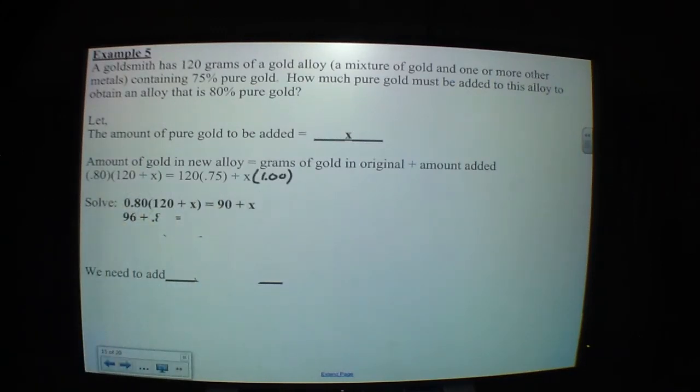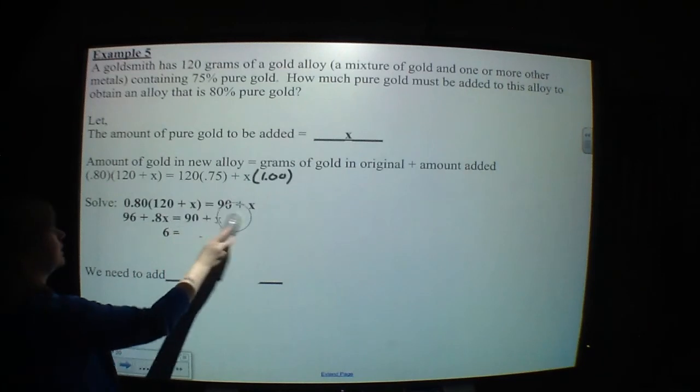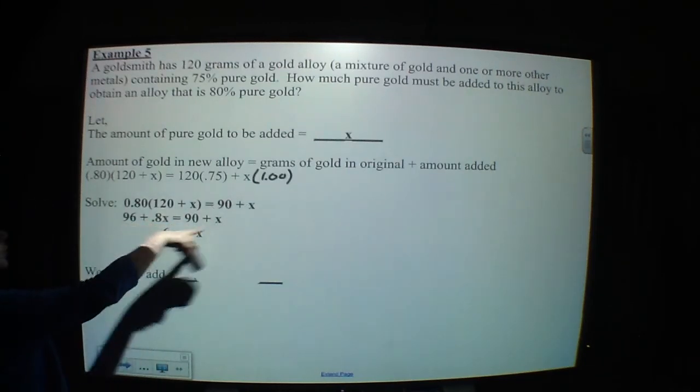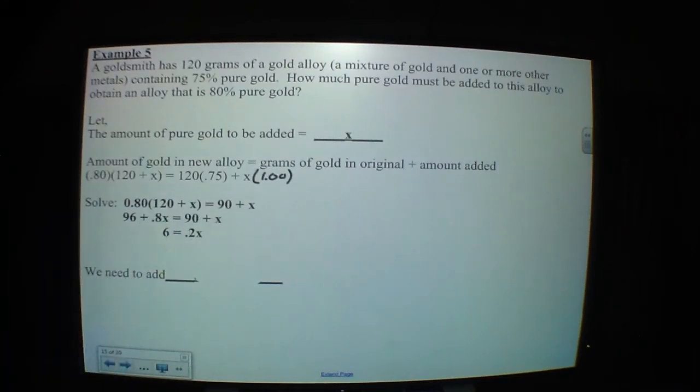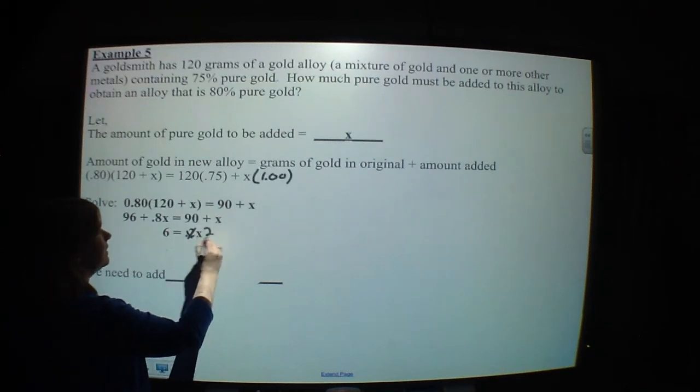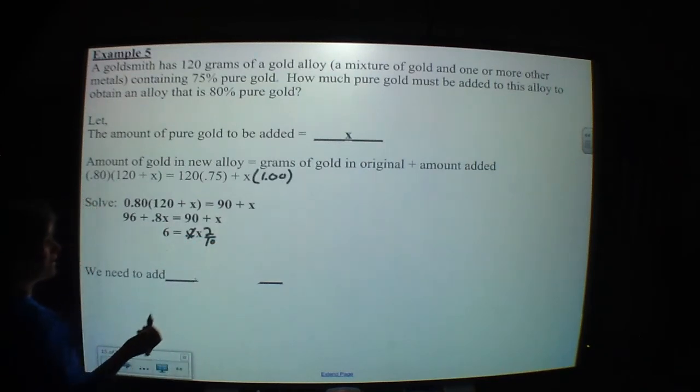So I have 0.8 times 120 plus X is equal to 75% of 120 is 90, and then this is just X. 80% of 120 is 96, so 96 plus 0.8X is equal to 90 plus X. Move the 90 to the left, move the 0.8 to the right, and if it helps you, you could write that instead as 2 over 10 or 1 over 5.